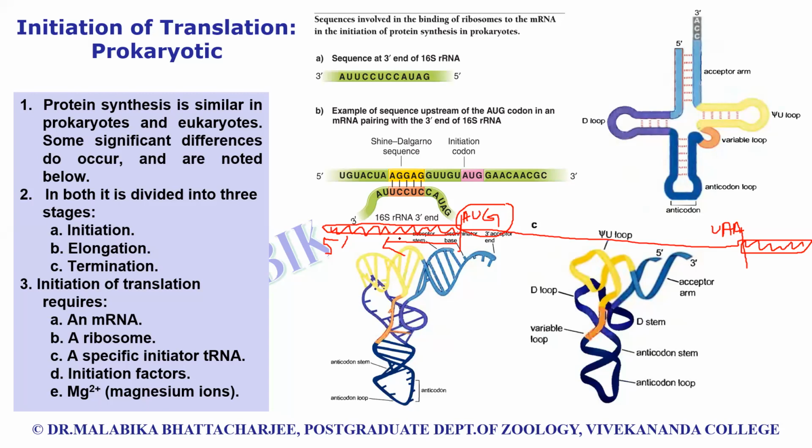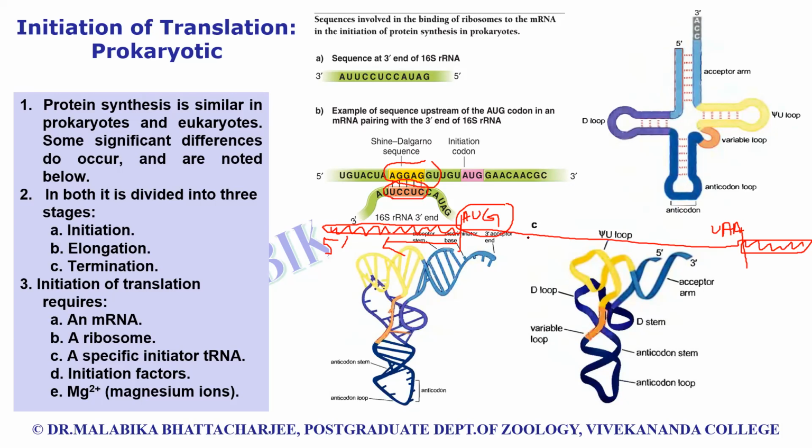This sequence, as you can see here, reads 5' AGGAGG 3'. It can pair with a complementary pyrimidine-rich sequence of the ribosomal RNA that is present in the 30S subunit.